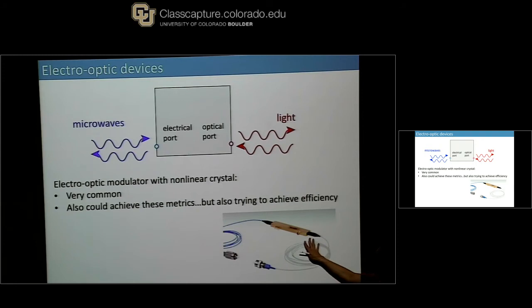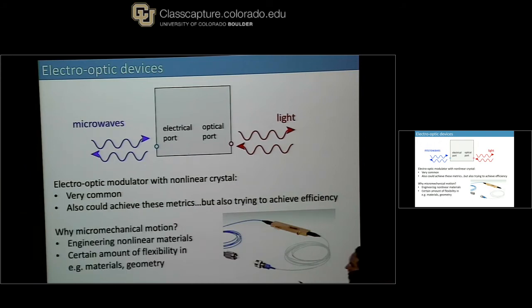And this does basically exactly the same thing as what I was talking about in the previous slide, except if I were to calculate the photon number efficiency for a typical object like this, even the most optimized objects that there are, it's something like 10 to the minus 3 for your typical modulator. But people are certainly working hard to try to improve this and achieve higher efficiencies.